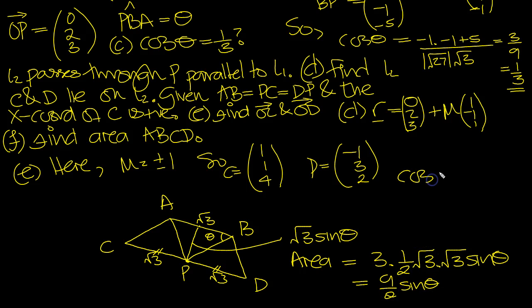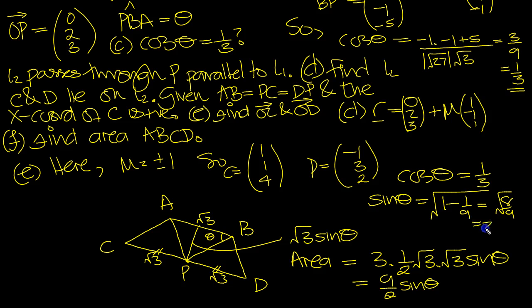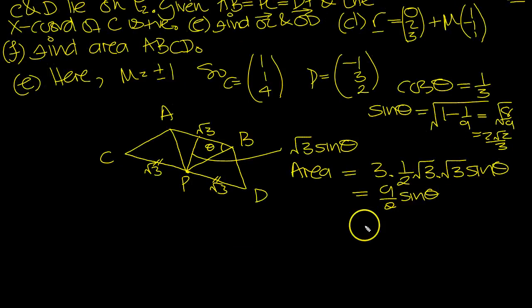Cosine theta is a third. So sine theta would be the square root of 1 minus cos squared, which is the square root of 8/9, which is 2√2/3. So we end up with 9/2 times 2√2/3, which is 3√2. That's the third form.